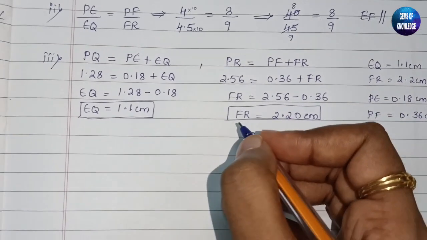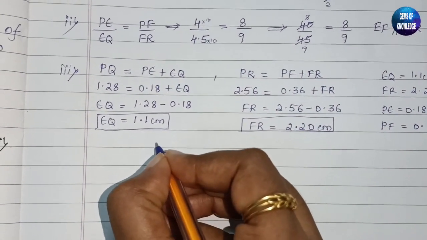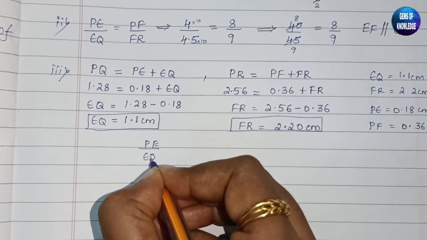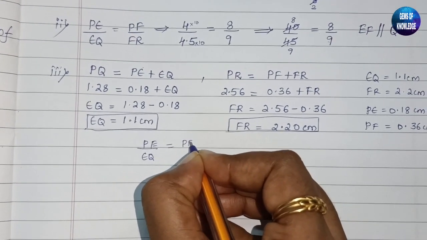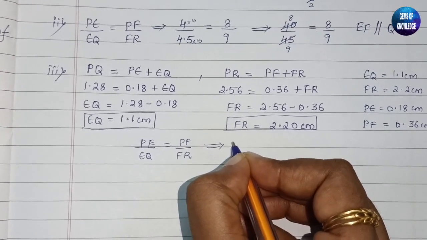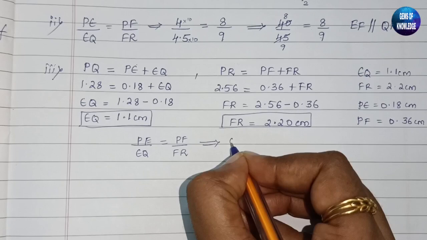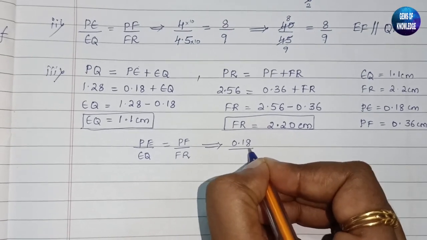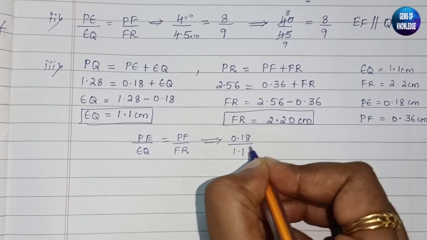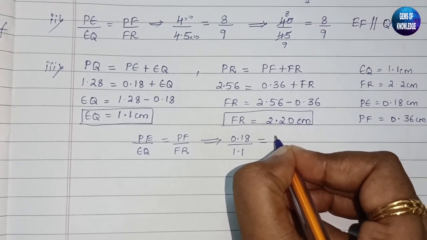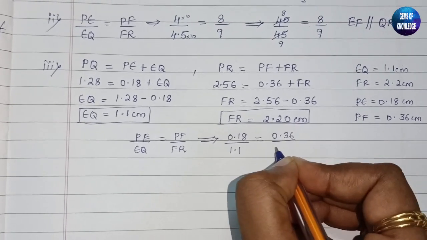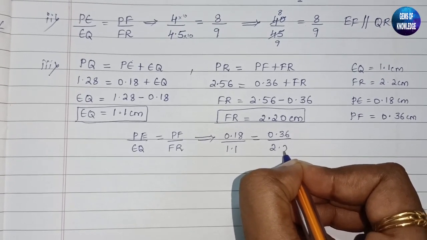Now let us divide it. We have the formula: PE divided by EQ is equal to PF divided by FR. So PE is 0.18, divided by EQ, which is 1.1, equals PF, which is 0.36, divided by 2.2.